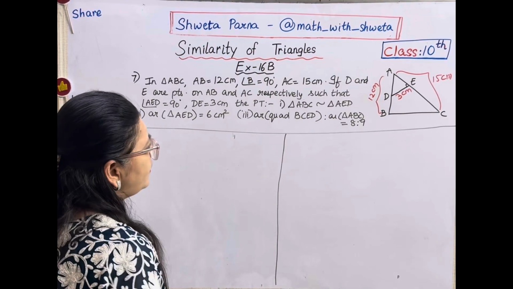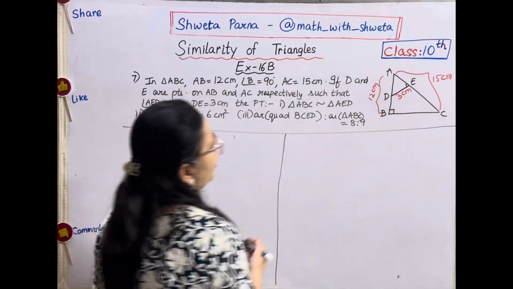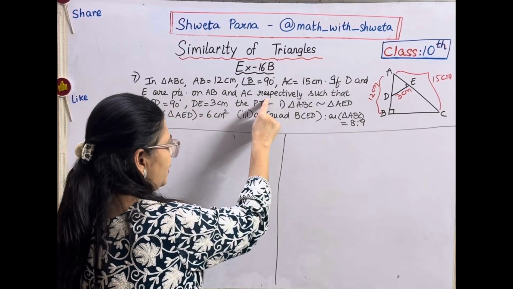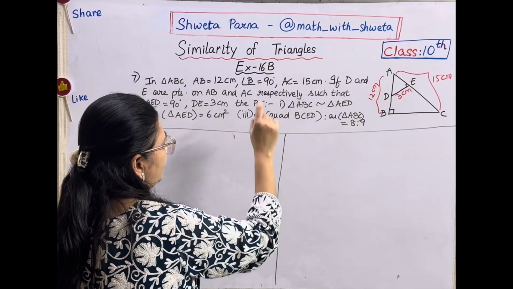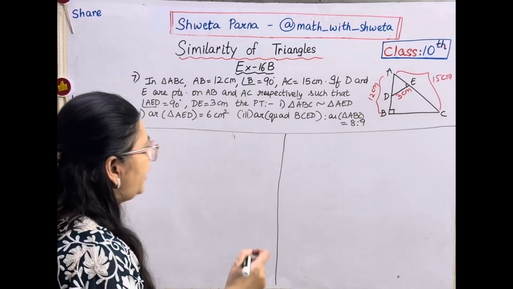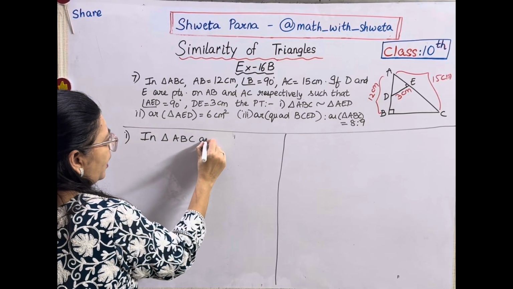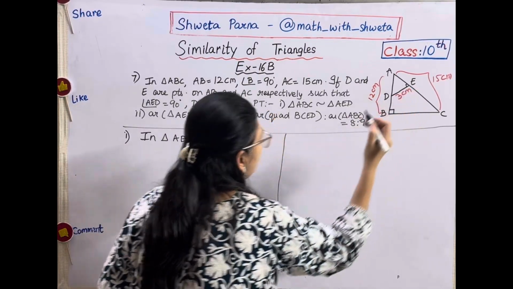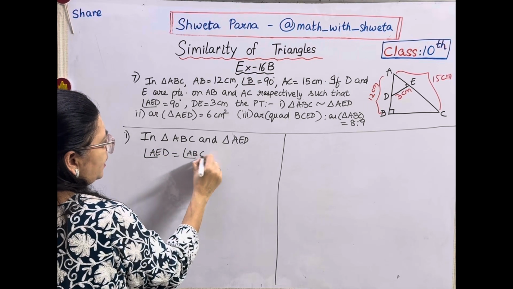In triangle ABC, the measurement of AB is given, angle B is 90 degrees, AC measurement is given. D and E are points on AB and AC respectively, such that angle AED is 90 degrees, DE is 3 centimeter. I have to prove that triangle ABC is similar to triangle AED. The first sub question: in triangle ABC and triangle AED, since both are 90 degrees, angle AED is equal to angle ABC, right?